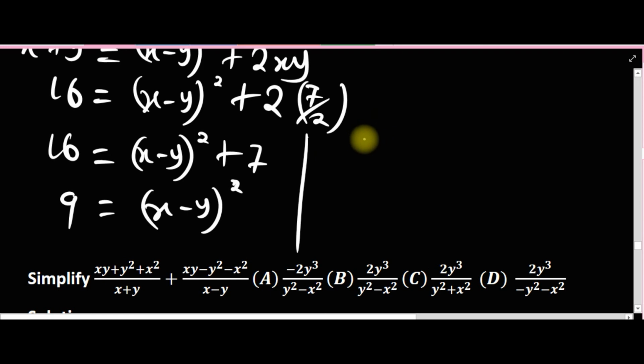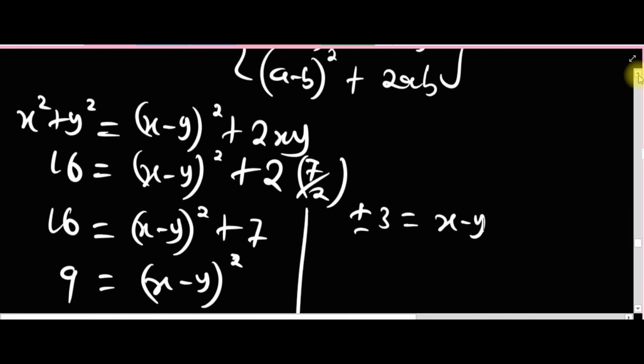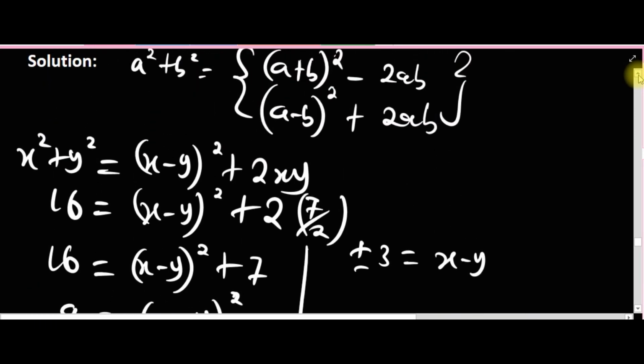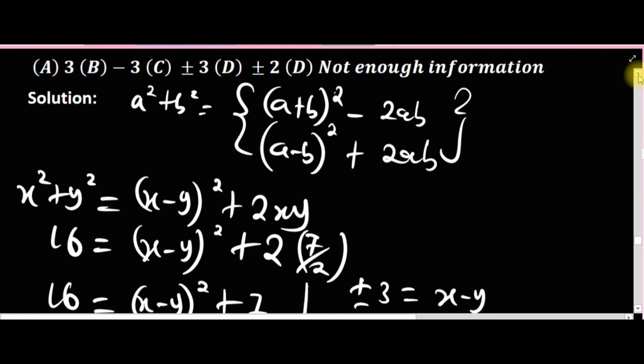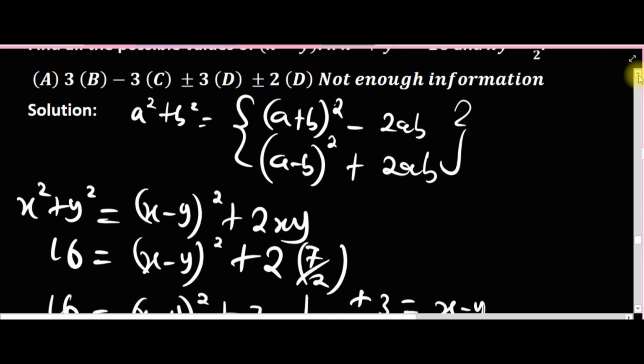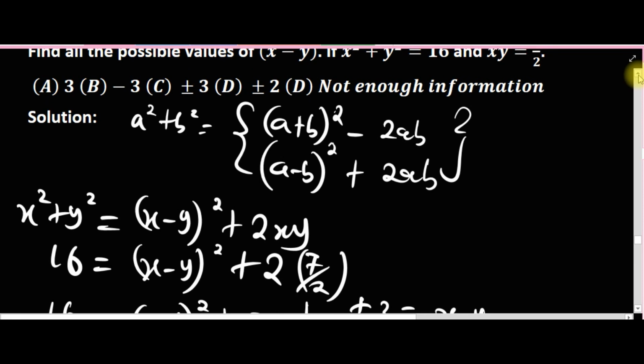So we know that square root of 9 is plus or minus 3. So there are two cases because it is squared. So the answer will be either positive or negative, because we don't know which one is greater. Assuming they told us that x is greater, we know it's 3. But if x is less than y, you know it's negative. The answer is plus or minus 3.